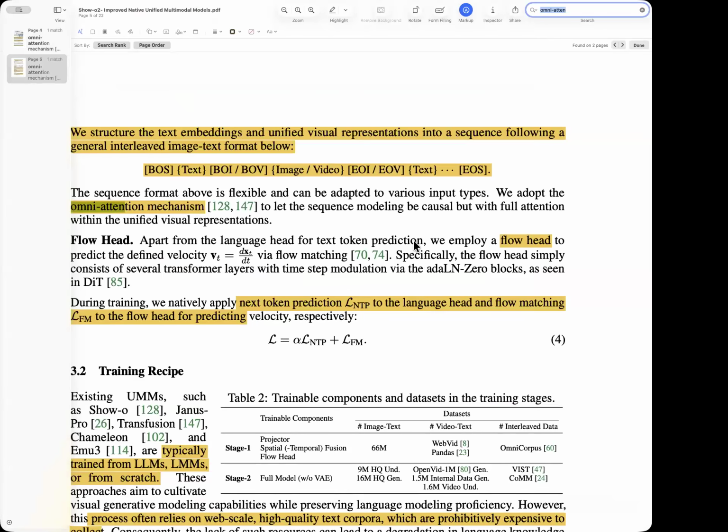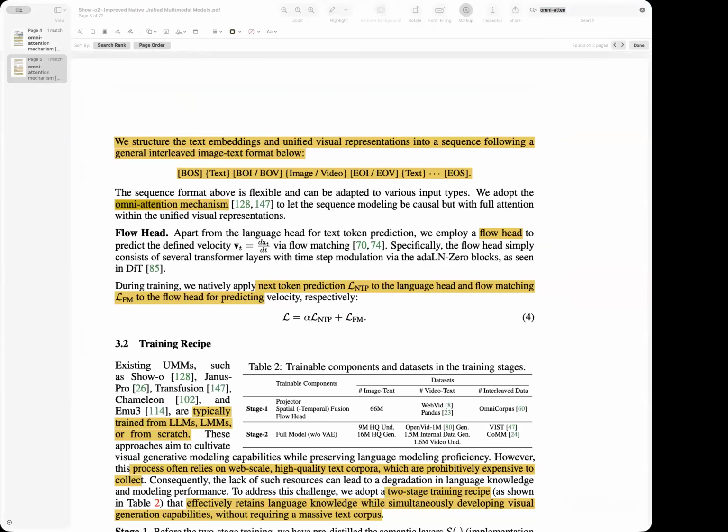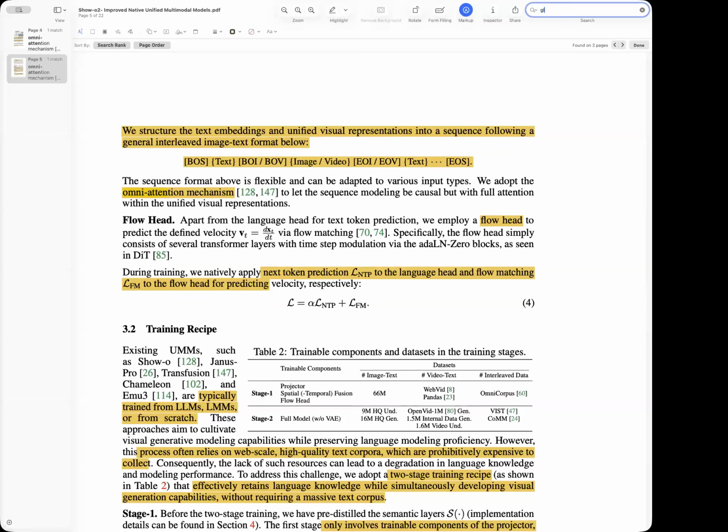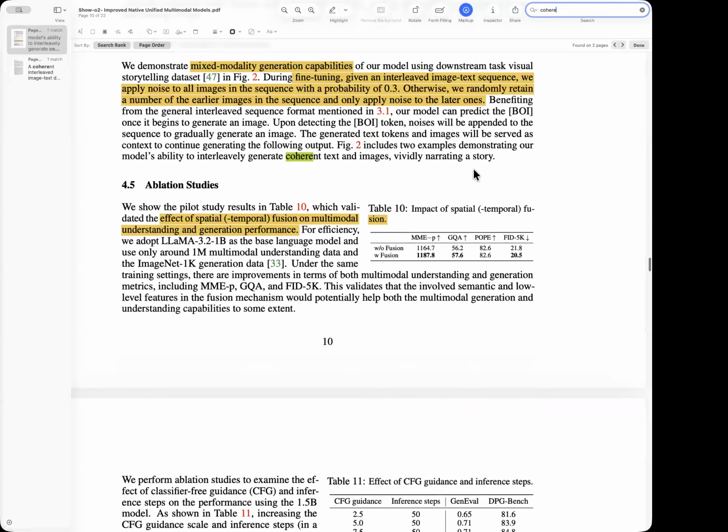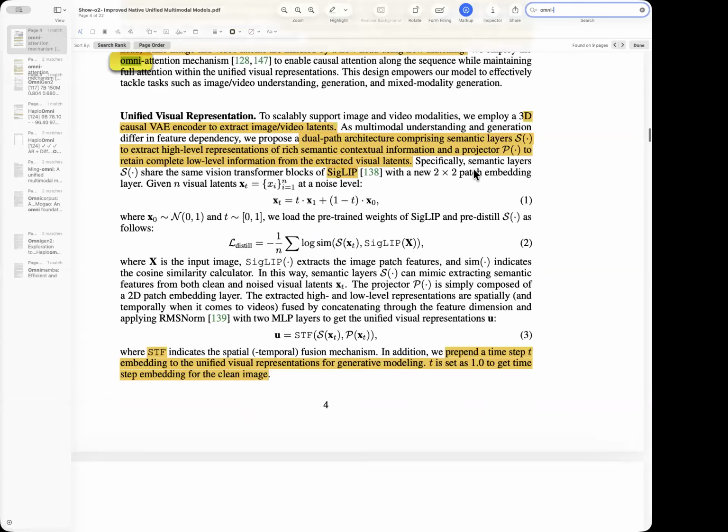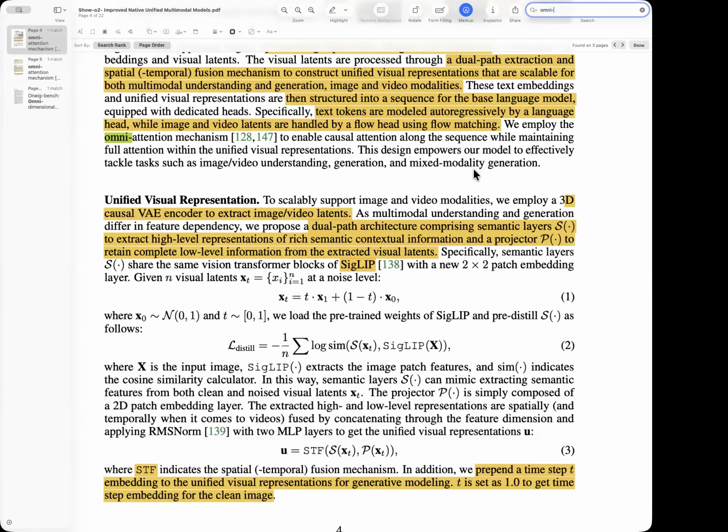What Omni-Attention is basically causal attention, so you have a masked auto-regressive objective where you can only attend to the previous tokens for the text model.